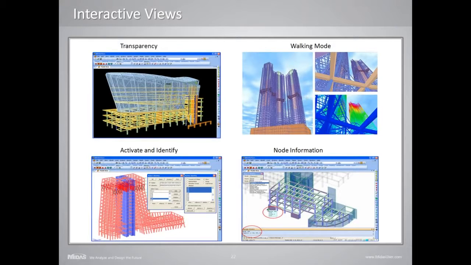We also have the walking mode, in which we can virtually walk through the structure and see it from different angles. We have something called identify and activate, in which we can identify a specific part, element or section of the structure, and we can activate it to either assign different properties to it, or just to see this portion of the structure and then analyze it.